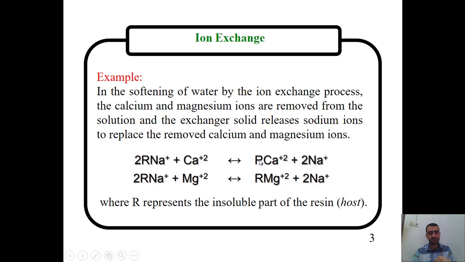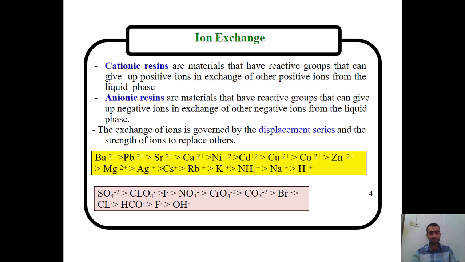The R represents the insoluble part of the resin, which we sometimes call the host, and sodium replaces calcium. Calcium is in the solution, and at the end we have the resin that has exchanged its sodium for calcium, and the same goes for magnesium. This is only an example of how exchange takes place in the water in order to remove the targeted ions.